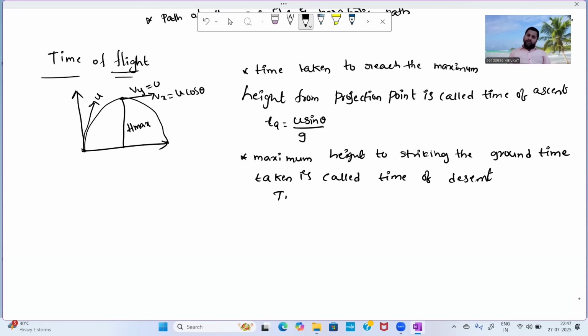Right. This time of descent is equal to, we can write, u sine theta by g.